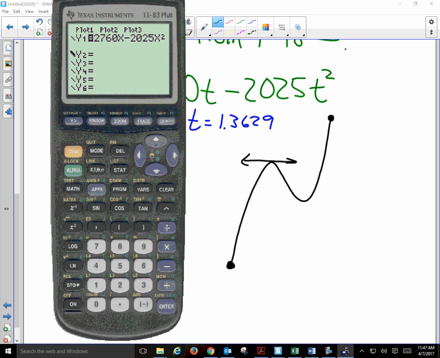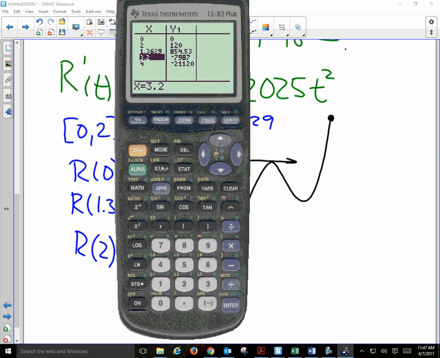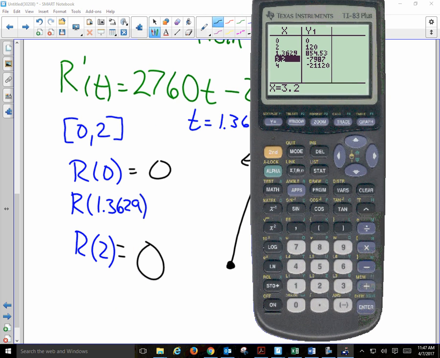The function is 1380 t squared minus 675 t to the third power. When we go to our table and check 0, 2, and 1.3629, you can see that we get 0, 120, 854. So we've checked the endpoints of the interval. I don't know if they're going to require you to do that to get the points. I know they show it in the answer key, and technically we should do that.